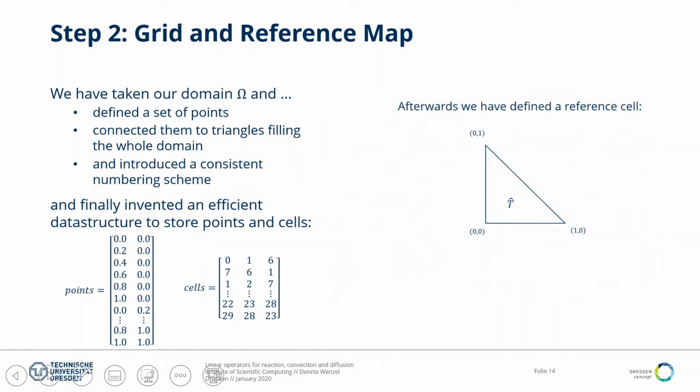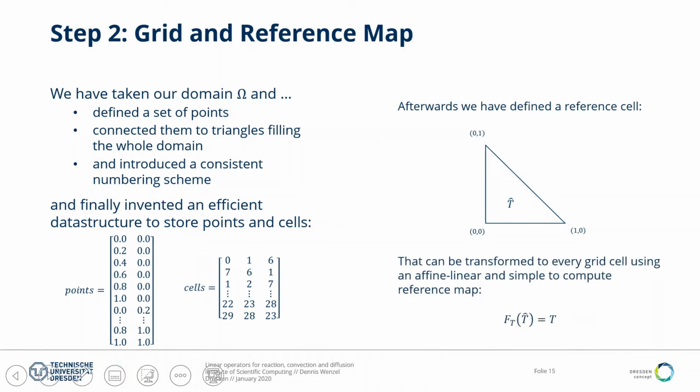After doing this, we have defined a reference cell, because we didn't want to deal with the complicated coordinates of all individual cells when talking about basis functions. So we have defined a reference cell, which is a triangle that's super simple between 0 and 1. And for every cell of the grid, we have defined a reference map, a map that takes our reference cell and maps it in an affine linear way onto the actual cell.